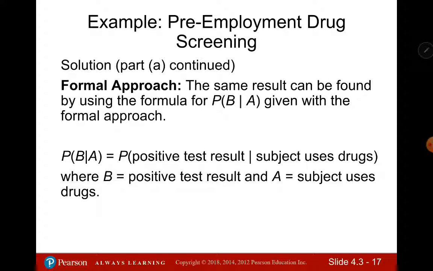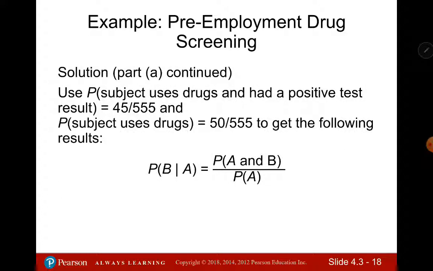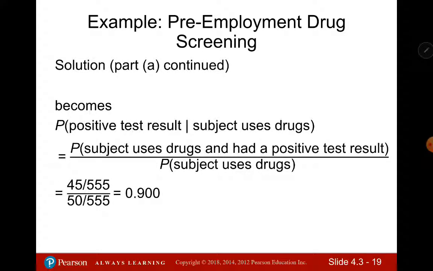Of course, we can also use the formal approach, using the formula. This is the formula.